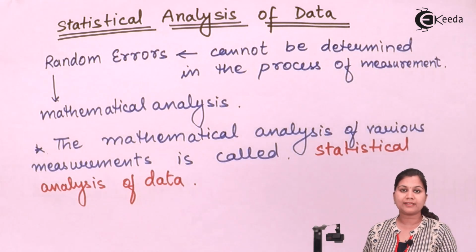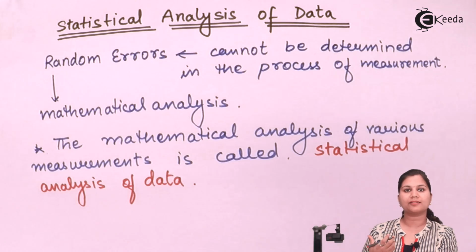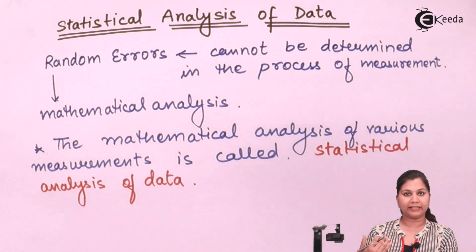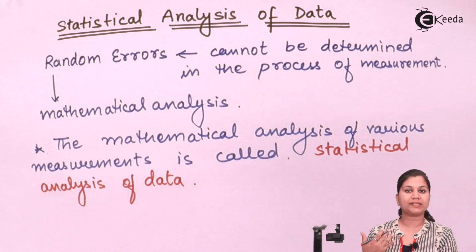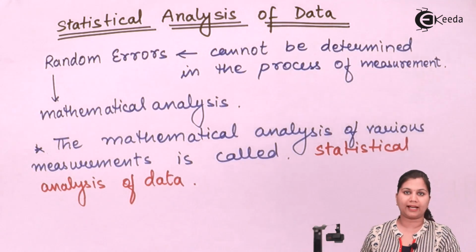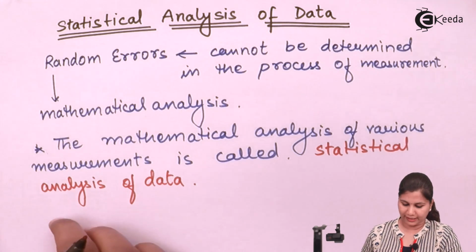We can define statistical analysis as the mathematical analysis of the measurements. When we are doing the measurements, we will get different readings, okay? And if we do some mathematical calculations on those readings to obtain some terms, then that is called the statistical analysis of data.